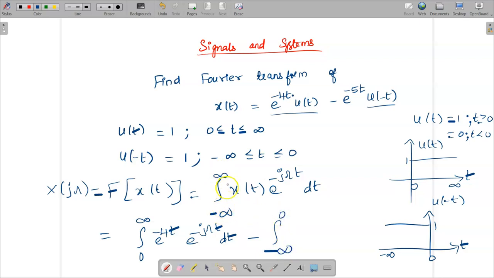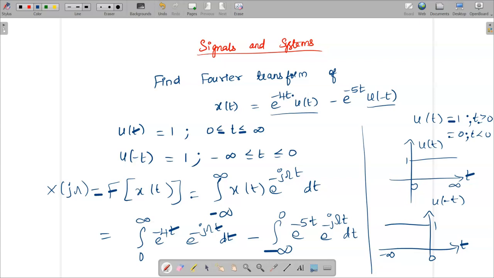Instead of minus infinite to infinite, we write minus infinite to 0. Here instead of x of t, the term is e power minus 5t, and in the formula we have e power minus j omega t dt, so use that as it is.